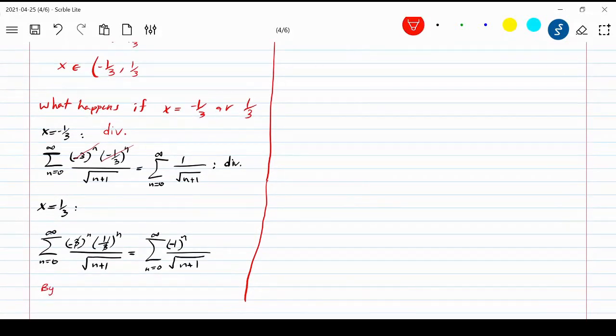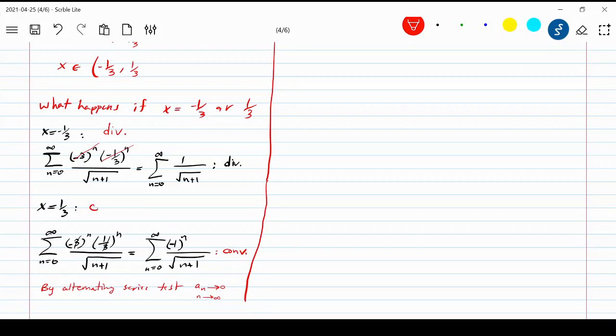By the alternating series test, as n approaches infinity, this term, the a_n, approaches 0, and we have a decreasing sequence. So what we know is this is a convergent series.